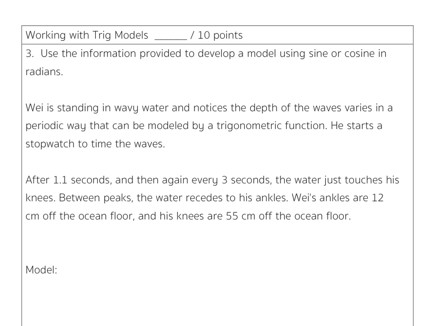Okay, so knees, that's a maximum value. So after 1.1 seconds, he has a maximum value. So I'm going to say that there's a max at 1.1 seconds. If I'm going to use a positive cosine, I need to start at a max value, so that could be my c value. Okay, then again every 3 seconds.